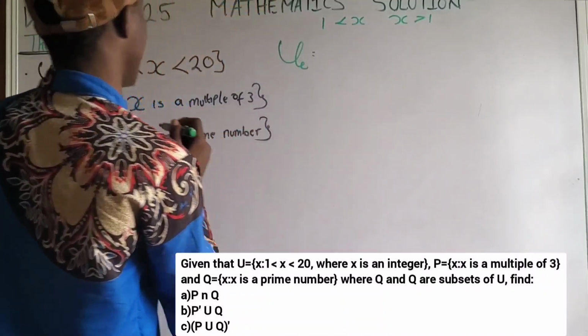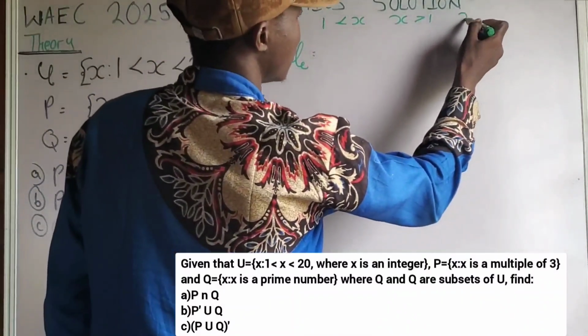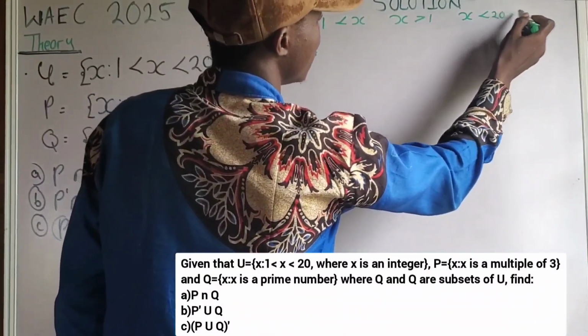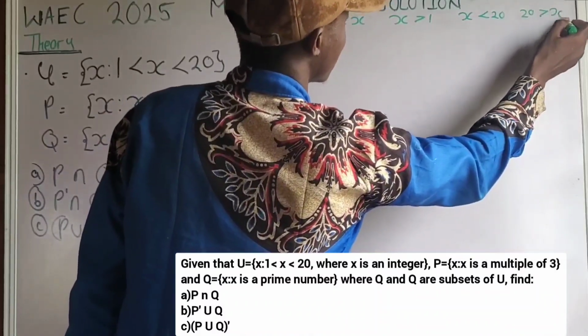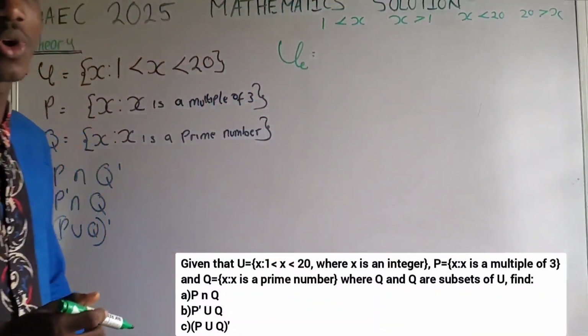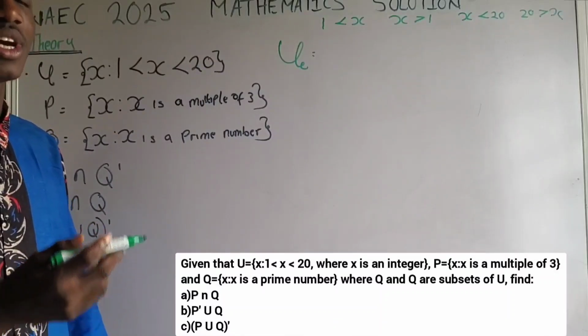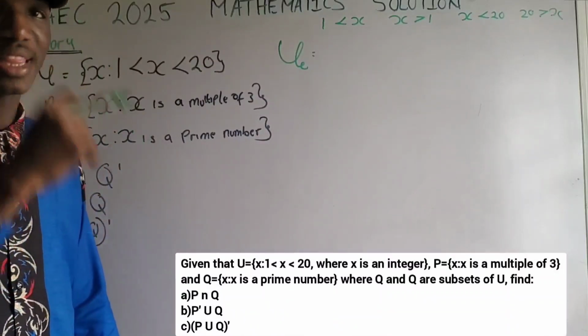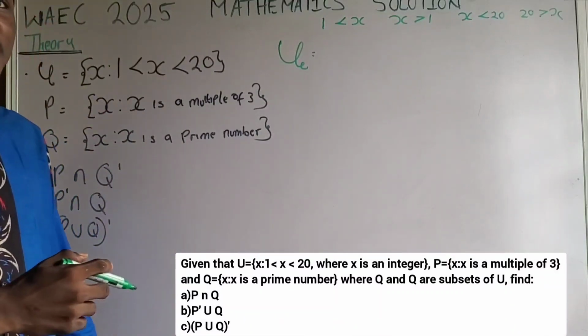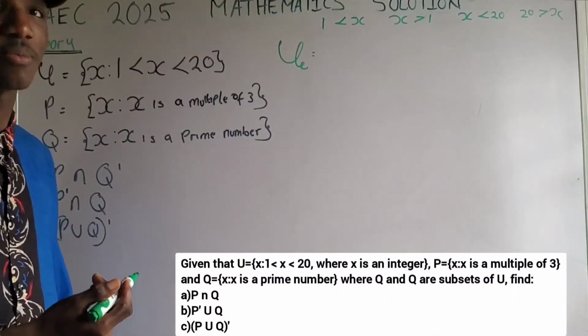And x is less than 20 simply means that 20 is greater than x. So that means that the values of the universal set range from 2 to 19. Because we are given that 1 is less than x, that means x is not equal to 1, so x starts from 2.